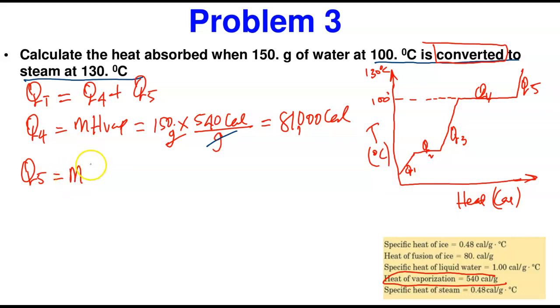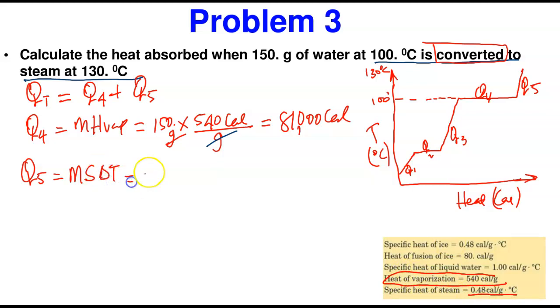It's going to be mass times specific heat capacity of steam. Now you're talking about steam, you're not talking about water. This is steam here now. And the heat capacity of steam is 0.48 times change in temperature.